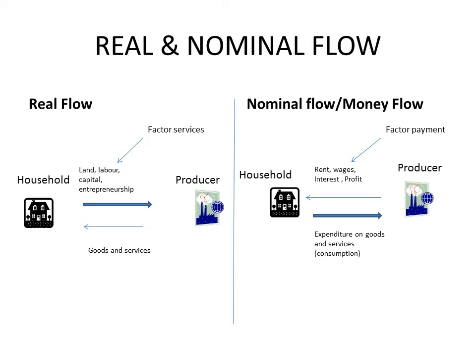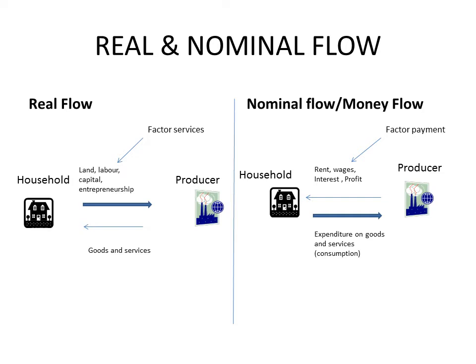We know that the household is providing the factor services. The factors of production which the household provides to the producer sector are called factor services. You can see in the diagram, factor services is written. In return, the producer pays in money terms: for land, rent; for labor, wages; for capital, interest; and for entrepreneurship, profit is being given.